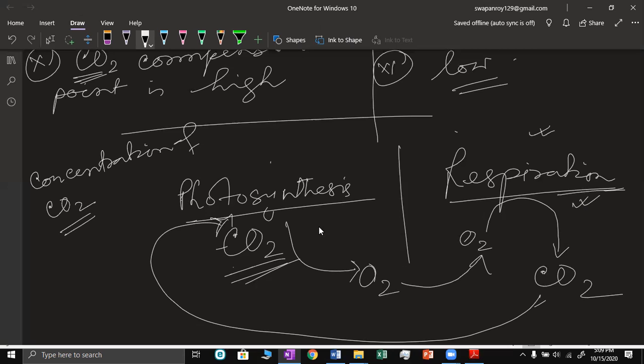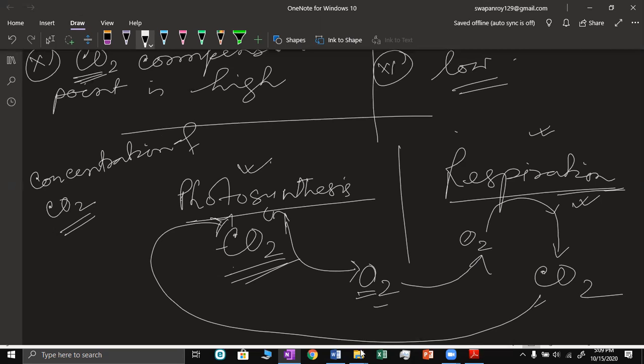That is, photosynthesis will take place and that oxygen will be sufficient to carry out respiration, so that the plant will not absorb oxygen from outside.